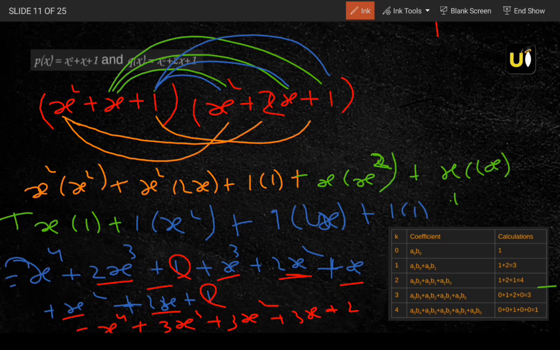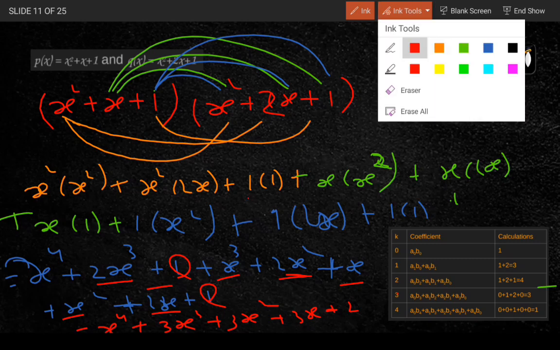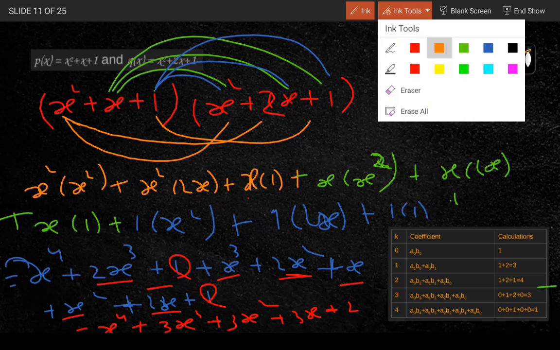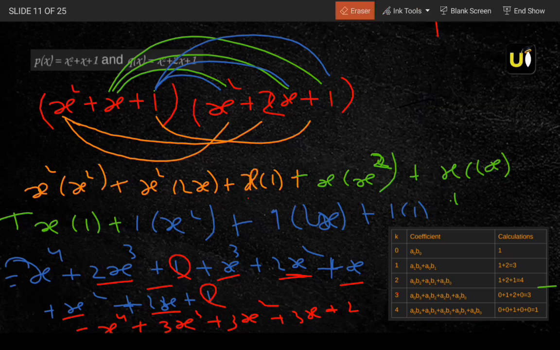I think I made a mistake somewhere. This is not 1 into 1, this is x into 1. Let me write it properly: x square into 1.